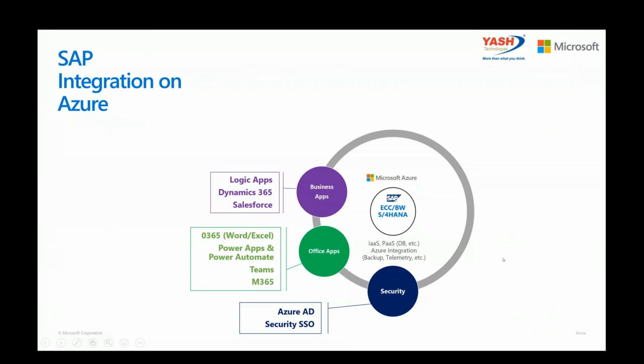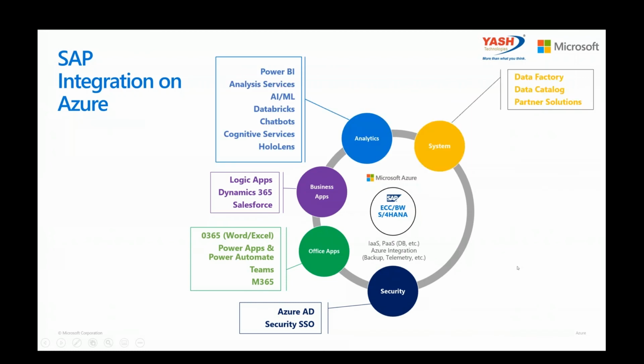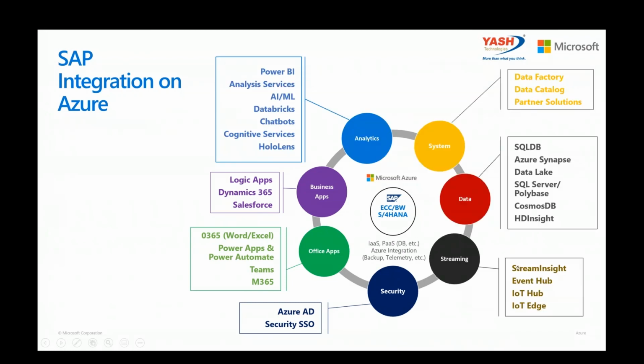Specifically to SAP, in terms of what is possible to integrate on Azure, there are a number of options. To call out, from Microsoft, we've seen a strong interest in advancing the analytics capabilities of an organization. It's no secret that big data is a big thing, and a lot of us may not be fully leveraging the data that we have on hand right now.